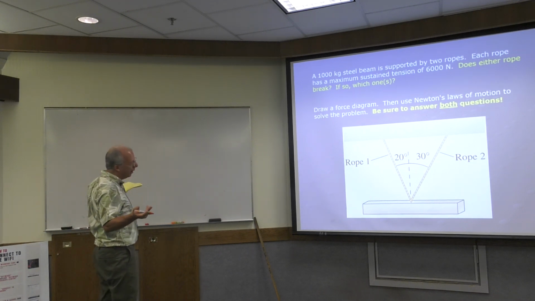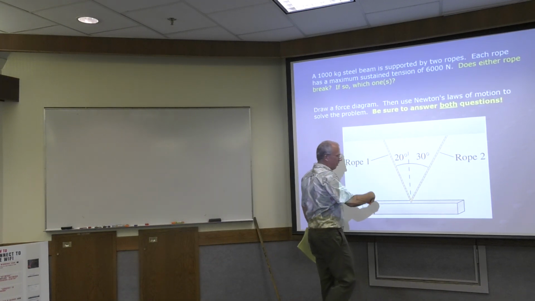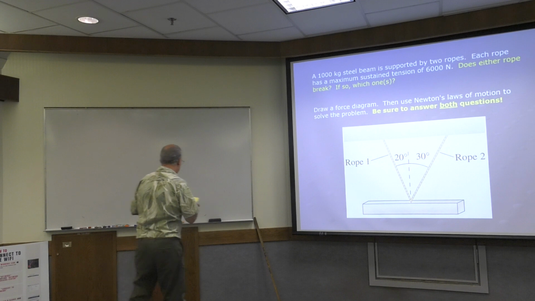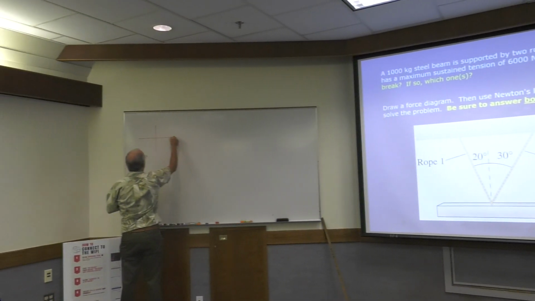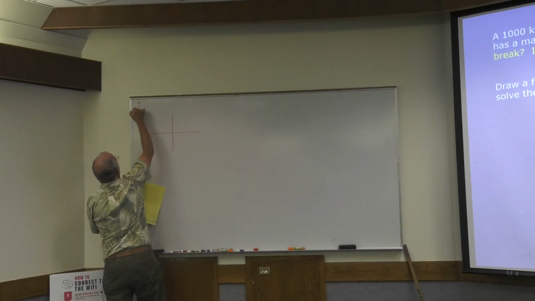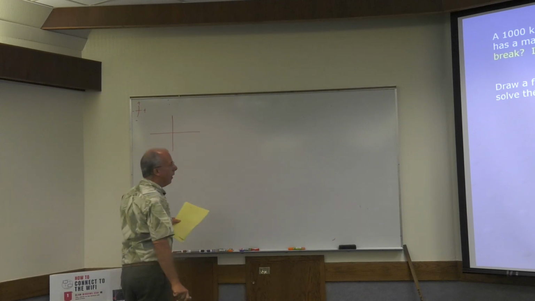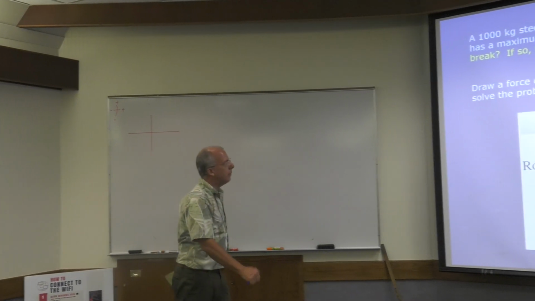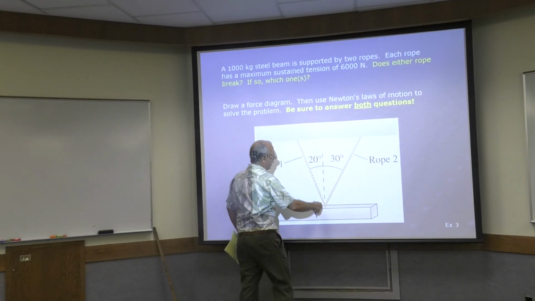Okay, step 1. Force diagram. Now look, there's no incline, so we don't have to tilt the coordinate system or anything like that. So here we go. All right, what are the forces? Well, the beam is the object. So there's gravity down, tension this way, tension that way.